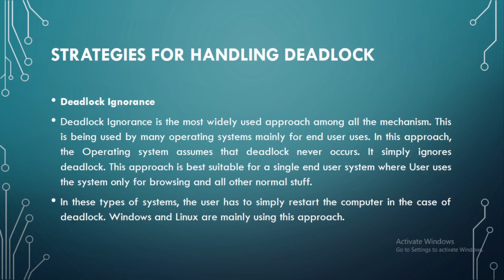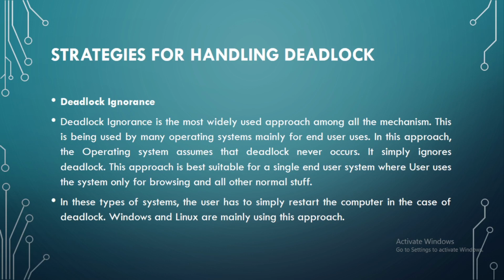Now we have four strategies for handling a deadlock. First strategy, deadlock ignorance. This is the most widely used approach among all the mechanisms. It is used by many operating systems, mainly for end users. In this approach, the operating system assumes that deadlock never occurs.